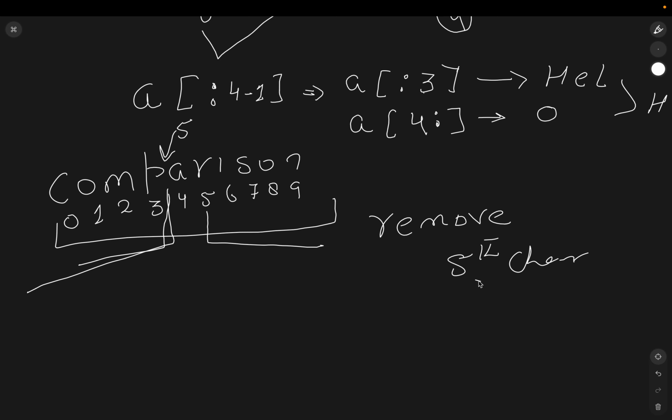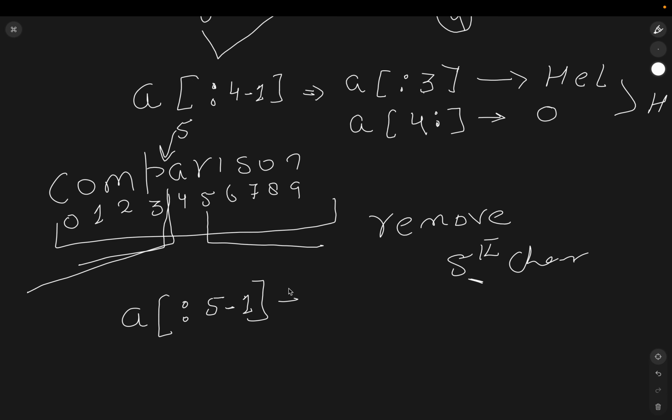Now the user will be giving me the 5 here. So what I need to do is something like this: A of colon 5 minus 1. This will give you 0, 1, 2, 3, and this 4 we will not be including, which is our fifth character, correct?